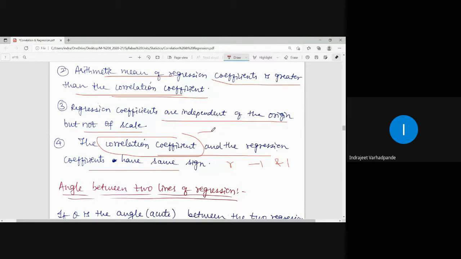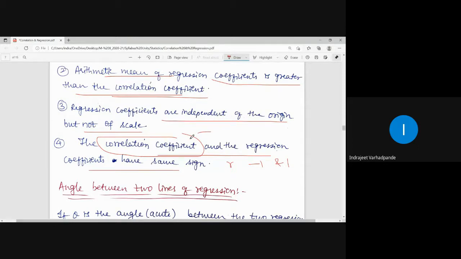Their product is positive, and therefore r is equal to the square root of A1 B1, which is always positive. If r is negative, A1 and B1 will both be negative, and the product of two negative quantities will become positive.